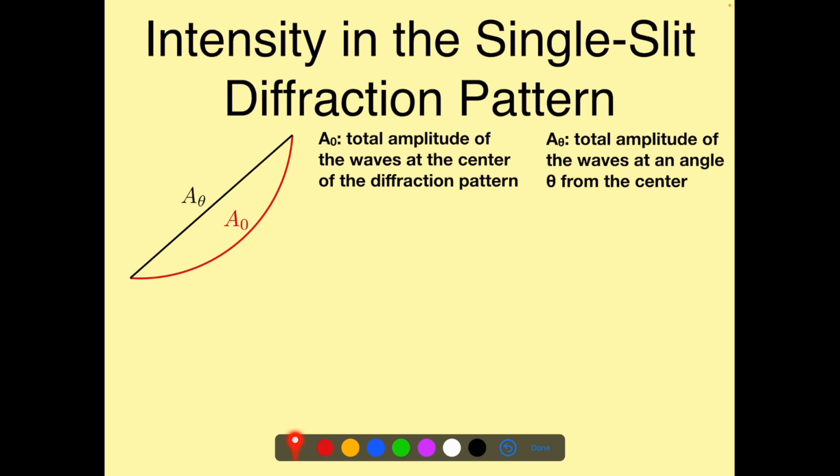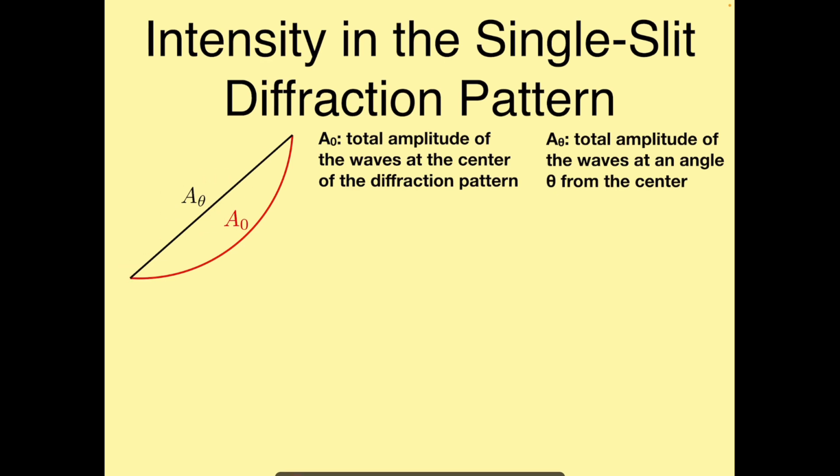Now, in the limit where we have an infinite number of points on the slit, we'll have an infinite number of phasors here to add together, and they'll begin to form an arc on a circle in the limit where n goes to infinity. The total amplitude of all of those phasors is represented by an arrow going from the start of the first phasor down here to the end of the last phasor up here. So this is the total amplitude represented by this black line.